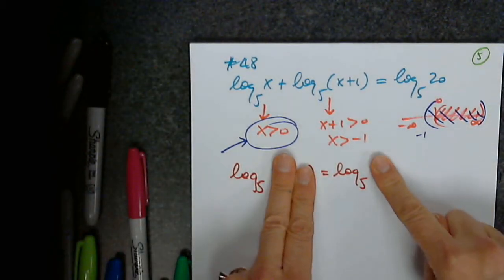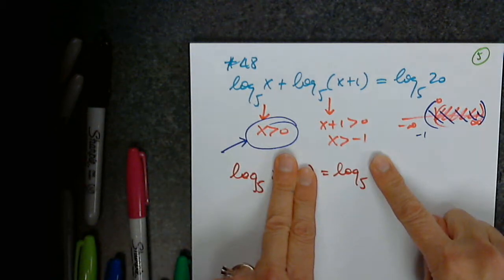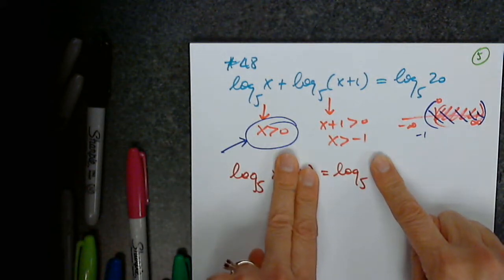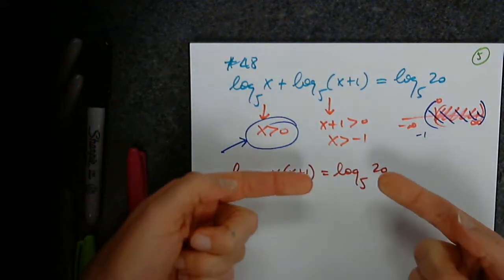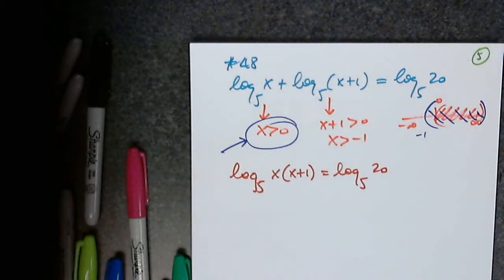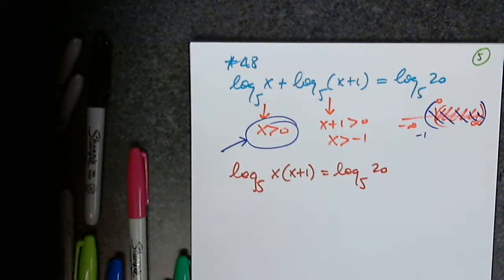I am told 2 logs in base 5 are equal. Log is a one-to-one function. I cannot find 2 different numbers whose logs are the same. So 2 logs in base 5 are the same. So what can you tell me about these 2 numbers? They have to be the same, right?